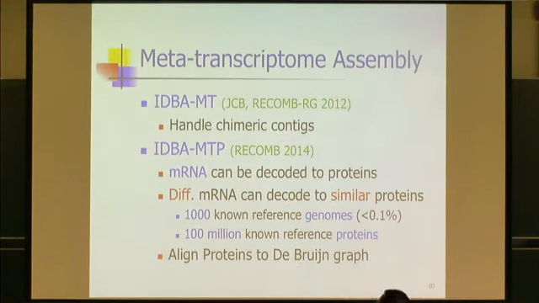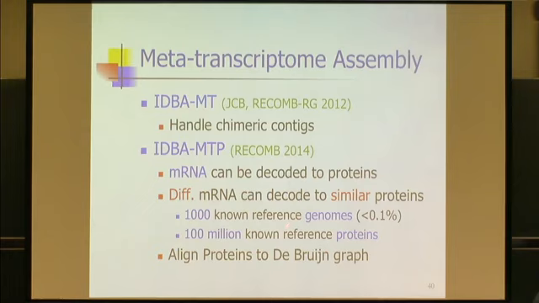But so we align, basically we have the MT, the metatranscriptome. We handle the turmeric context. And now the paper we are going to present next week is on using protein information, because mRNA is going to decode protein, and when we look at the database, we have more protein information than genome information.